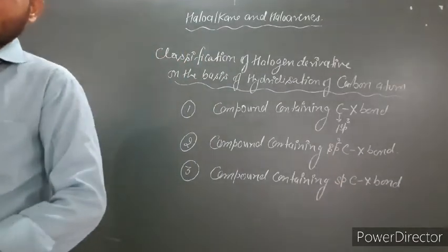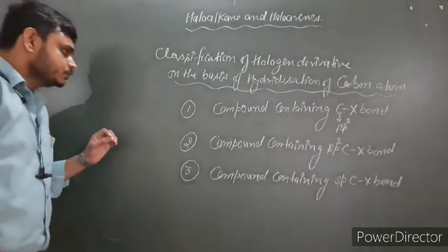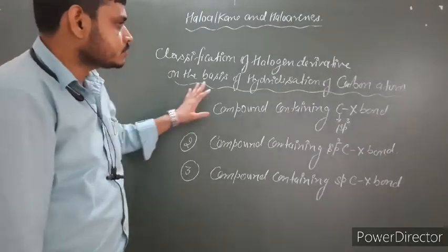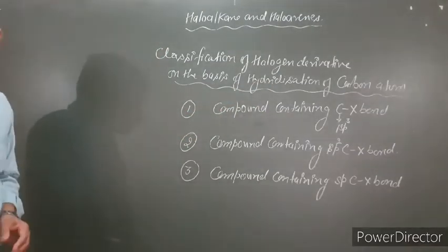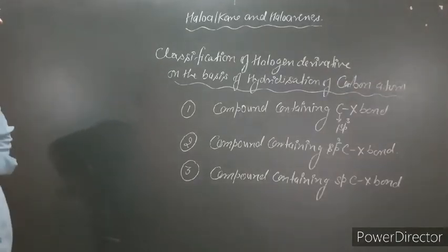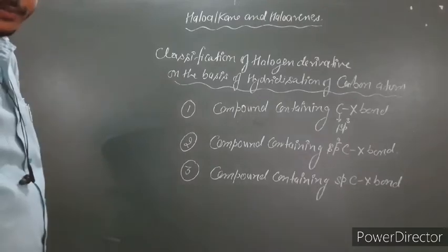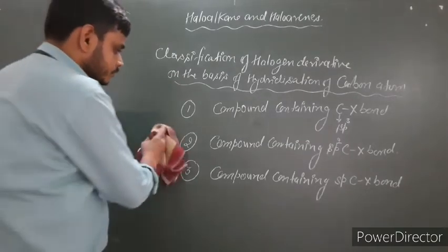So halogen derivatives are classified into three types on the basis of hybridization of carbon atom. Clear? Now we are coming to the first topic, compound containing sp3 hybridized carbon halogen bond.